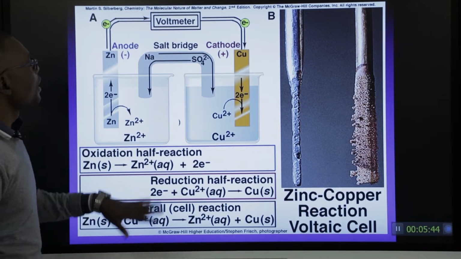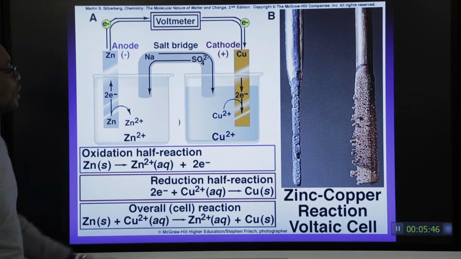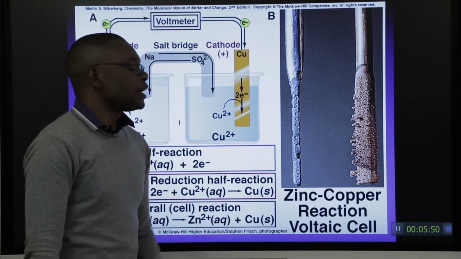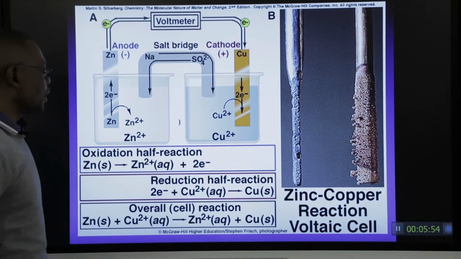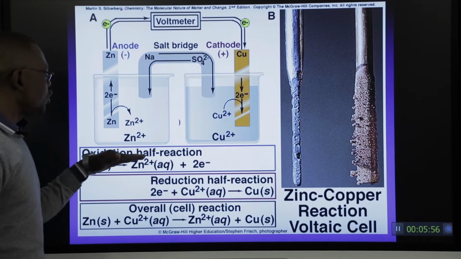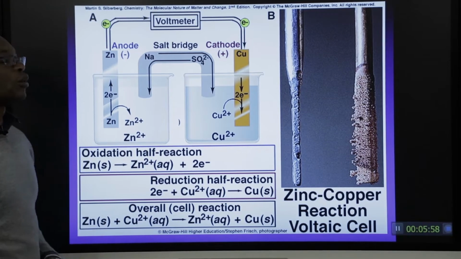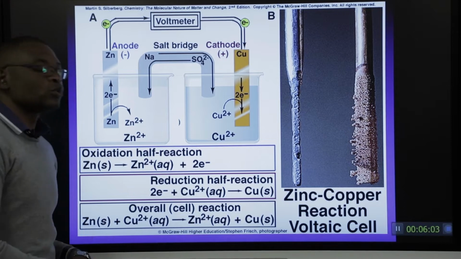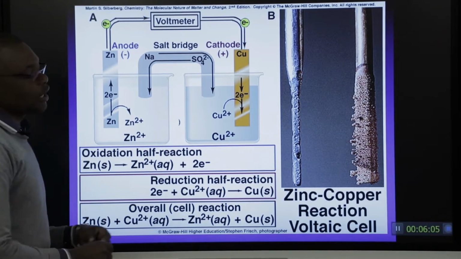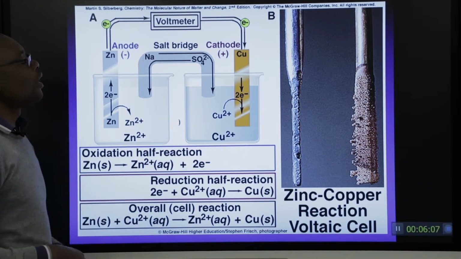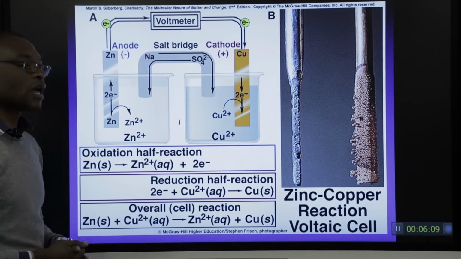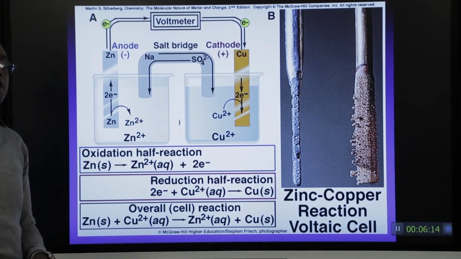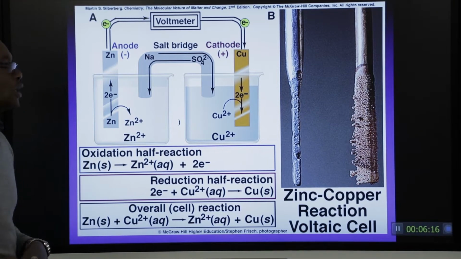So you'll see that in this representation, this is a zinc copper reaction in a voltaic cell, and each half reaction will give you a clear idea of how to choose materials which we are going to use in your electrochemical cell, and also make an intelligent deduction of those materials we are using.